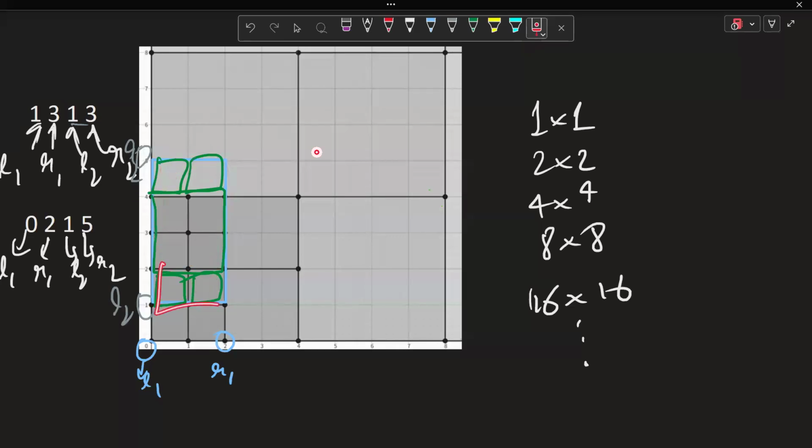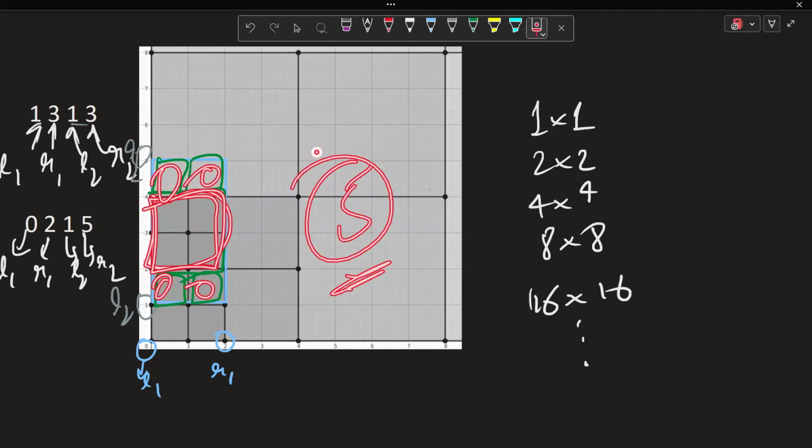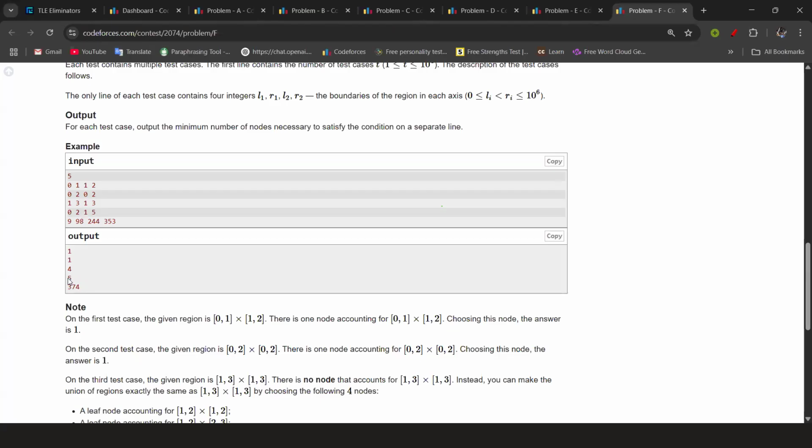You cannot take something like this and this because this 2 cross 2 square doesn't exist. The 2 cross 2 square that exists is this. So you can take this 2 cross 2 square, then you have to fill up with 1 cross 1 squares. So you would require 5 squares here. So for this test case, your answer was 5.